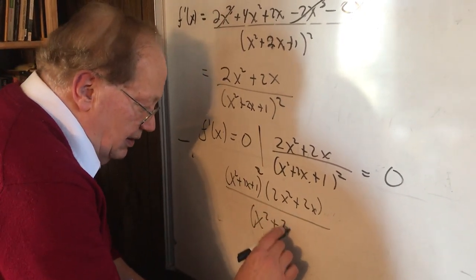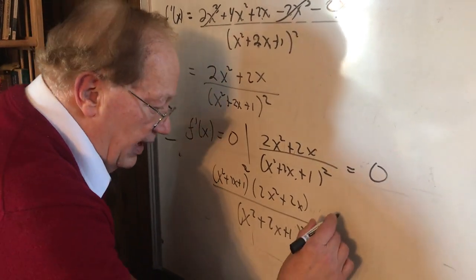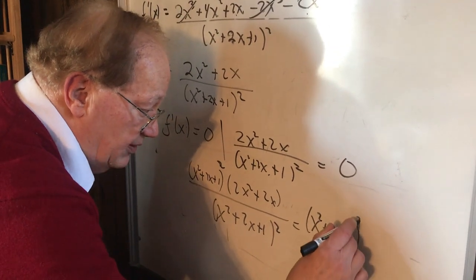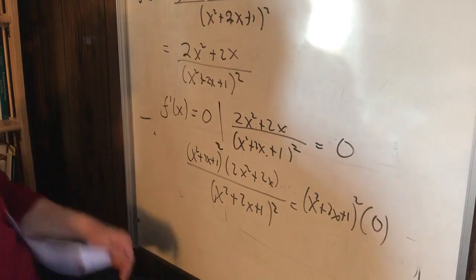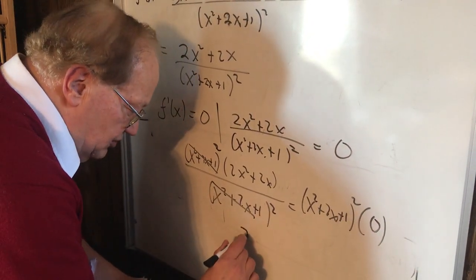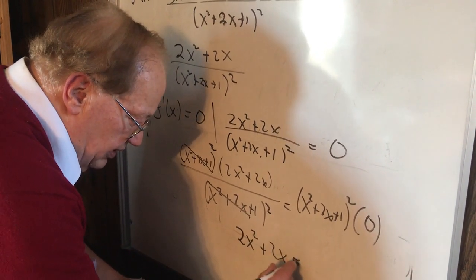Cancel out anyway. And I'm going to do x squared plus 2x plus 1 squared times 0. Anything times 0 is 0. So what we get here is these cancel. That's 0. I get 2x squared plus 2x equals 0.